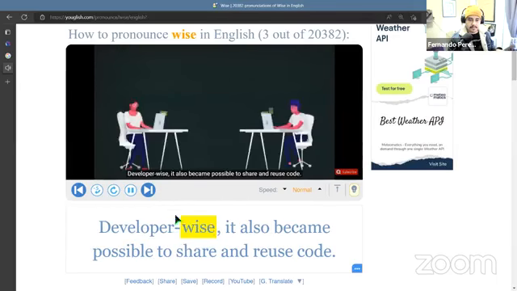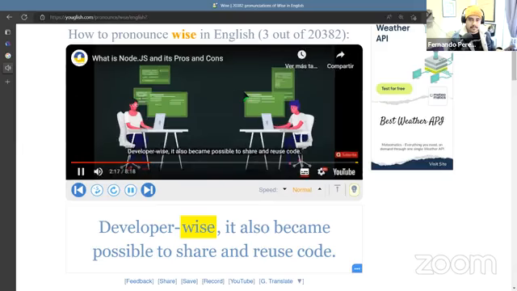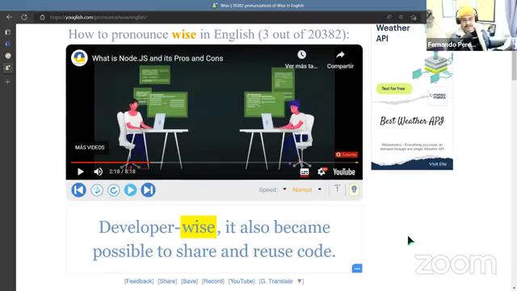Developer-wise, it also became possible to share and reuse code. What an excellent example. We have a lot of engineers here. Developer-wise, it also became possible to share and reuse code. What's the meaning of this?